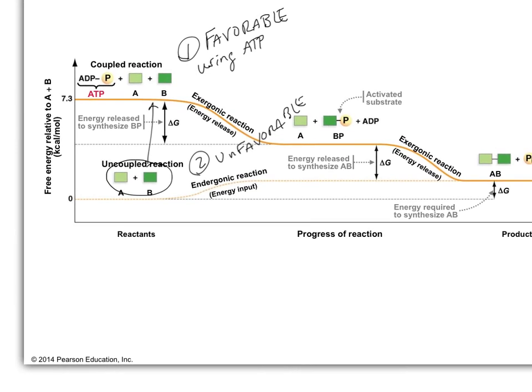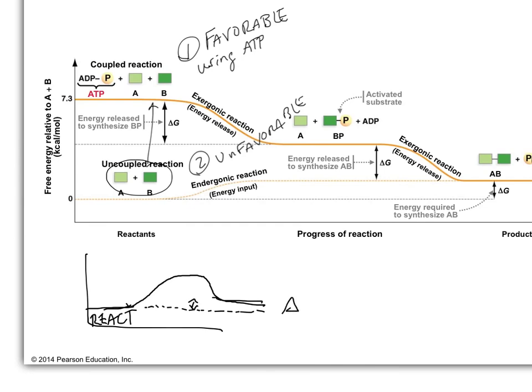So what they're showing here is A plus B is here. These are the reactants. And you have the reaction occur, and then the difference between the reactants and the products, like that, is this distance right here.